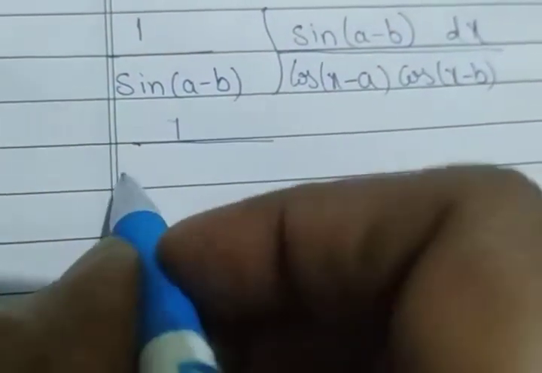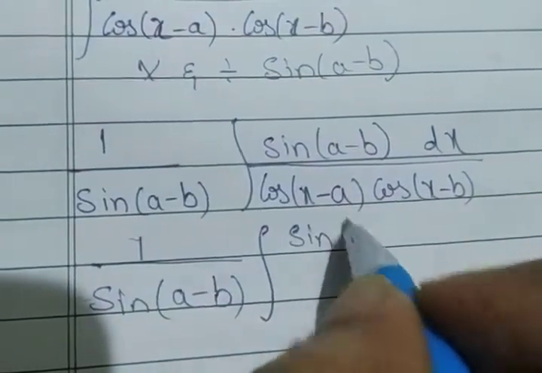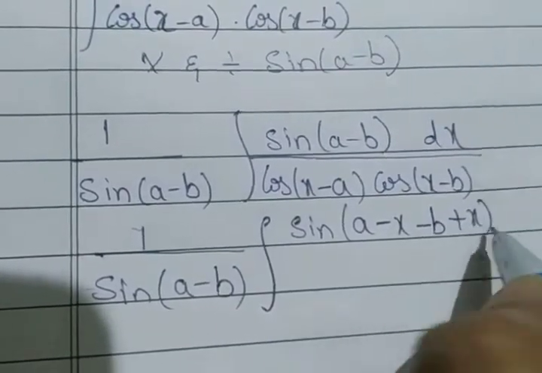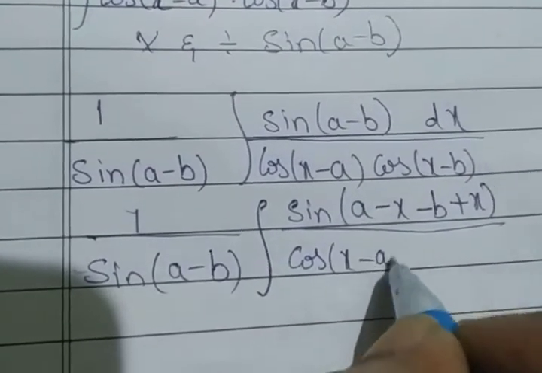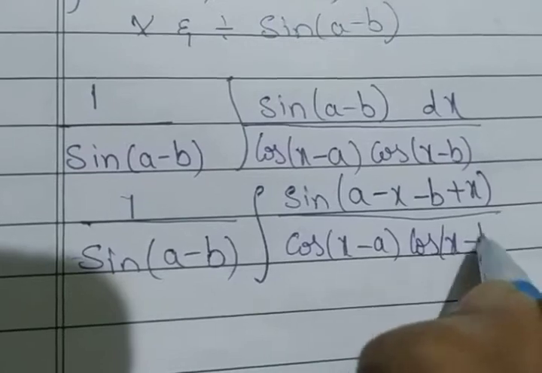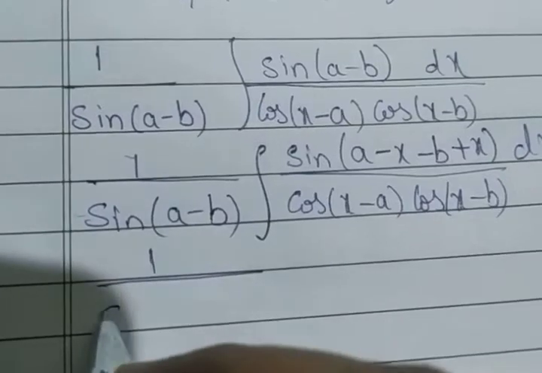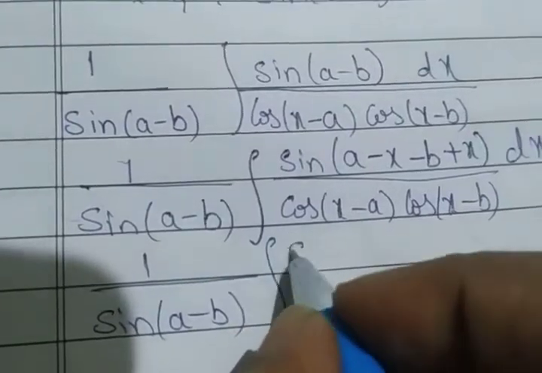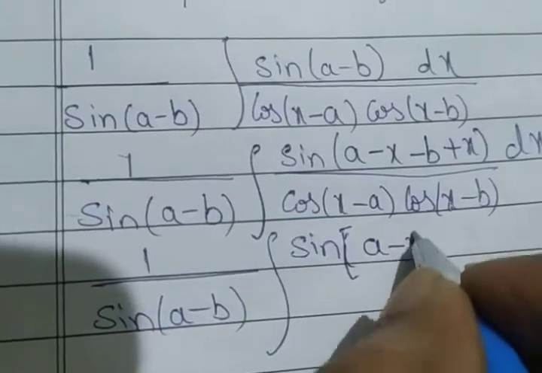1 by sin a minus b integral of sin a minus b. So for the numerator I am subtracting and adding the x, divided by cos x minus a into cos x minus b into dx. 1 divided by sin a minus b integral of sin, it is in the form of a minus x.